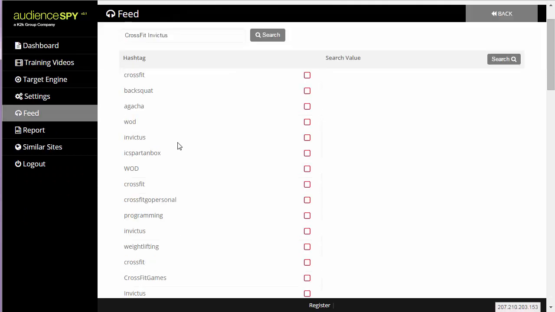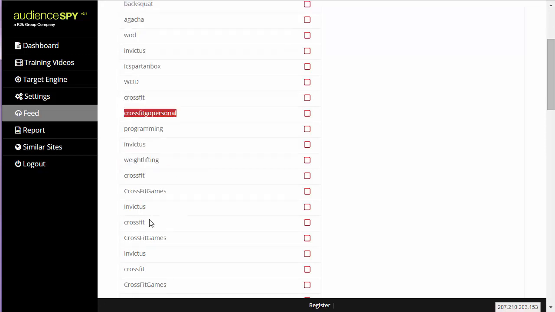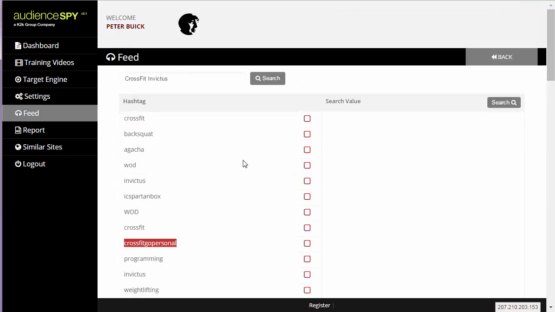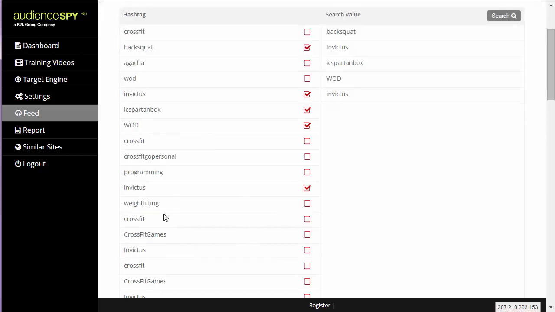Okay, so they've been talking about all this stuff. I don't know the niche. But CrossFit Go Personal. In fact, this has come up again. So we can just take these terms they've been talking about. Back squats. I don't know if one is a thing, but anyway, I don't know what that is. One seems to be quite important actually. Invictus. I won't put weightlifting because it's a bit generic now.